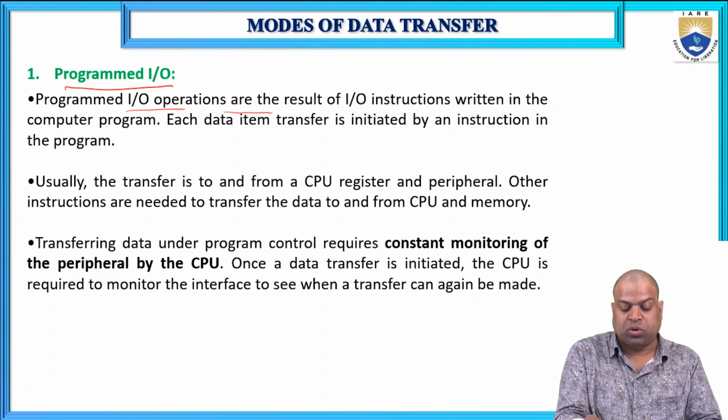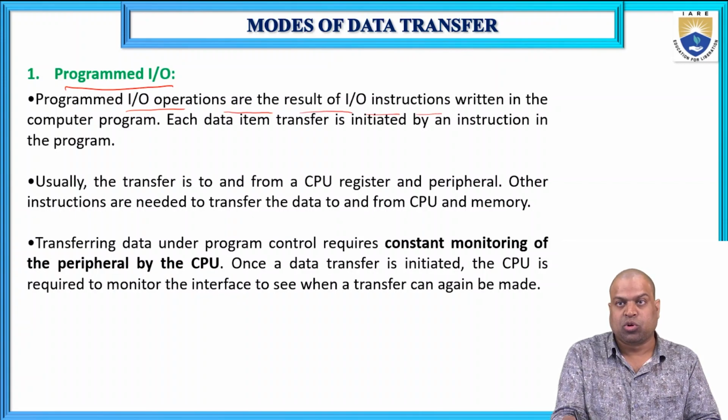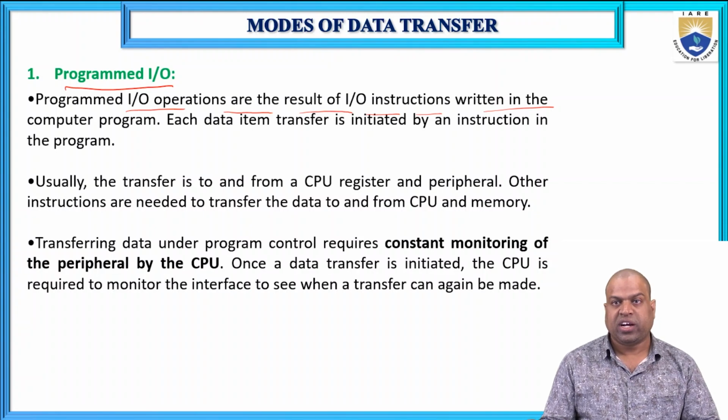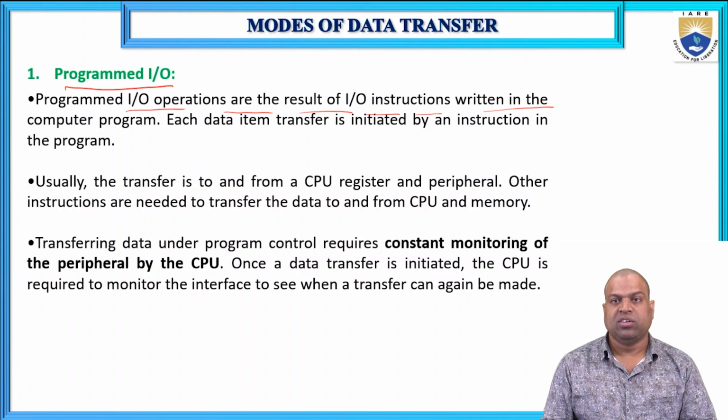Programmed input output operations are the result of input output instructions written in the computer program. Each data item transfer is initiated by an instruction in the program. Usually the data transfer is to and from a CPU register and peripheral. Other instructions are needed to transfer the data to and from the CPU and memory.